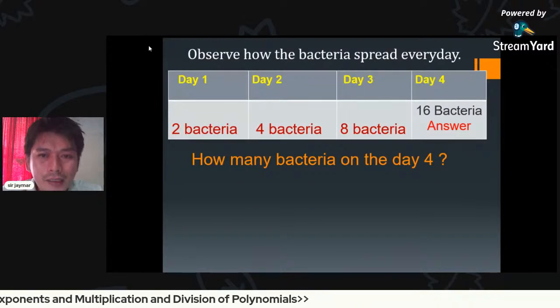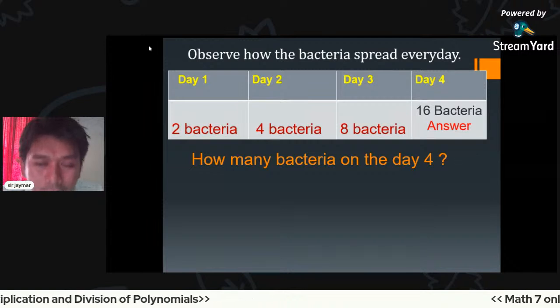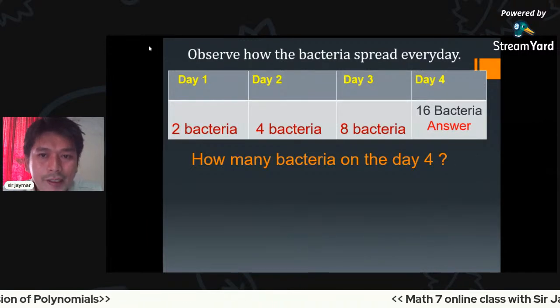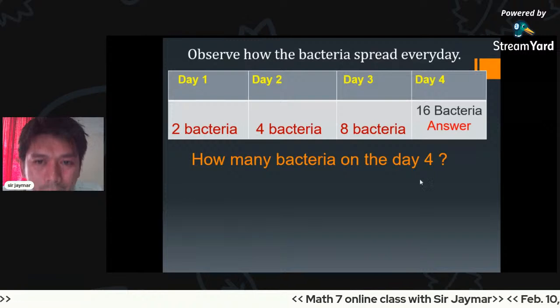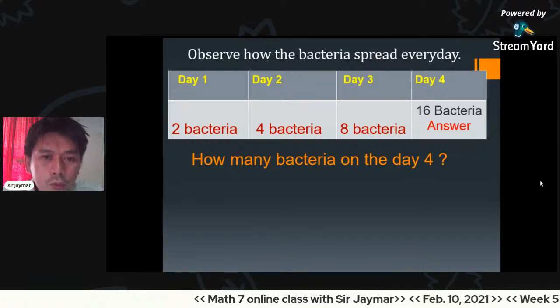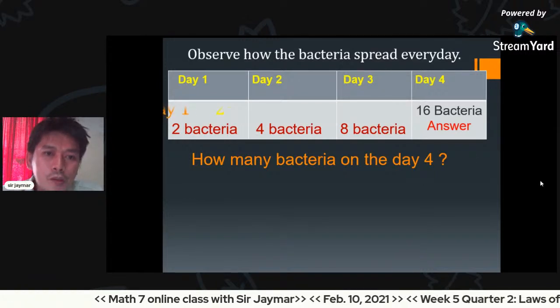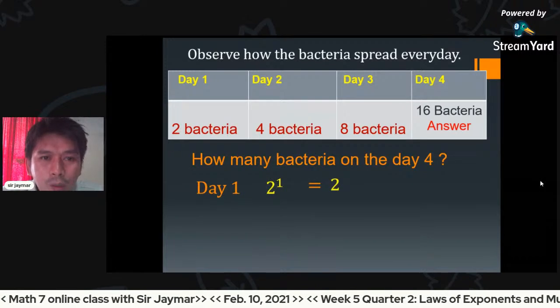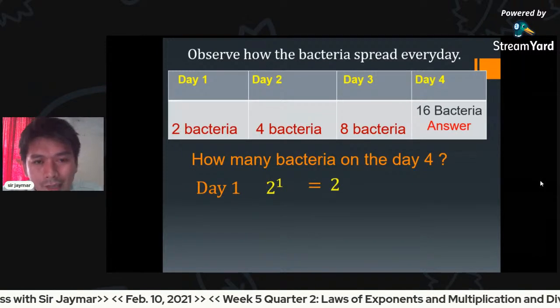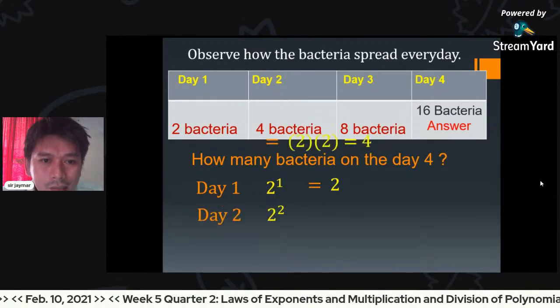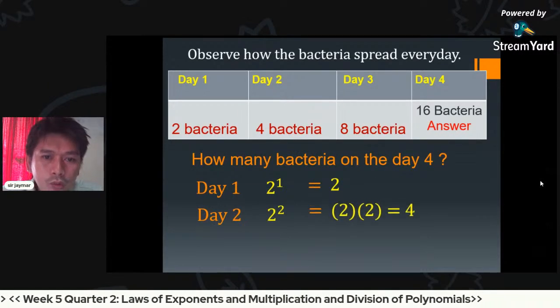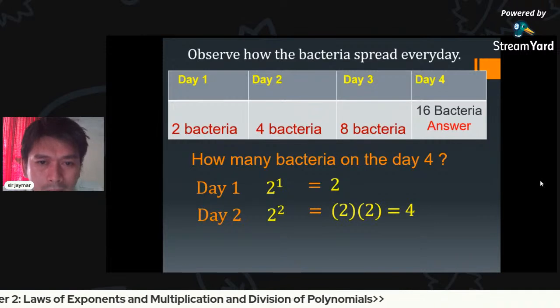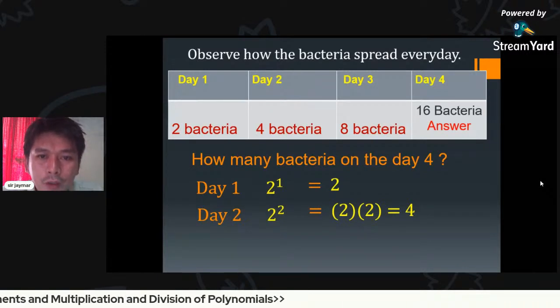Okay, the correct answer is 16 bacteria. Why is it 16 bacteria? The solution will show on the screen. In day 1, it is 2 bacteria. In the next succeeding day, day 2, 2 raised to 2 becomes 2 times 2, so it will become 4 bacteria.